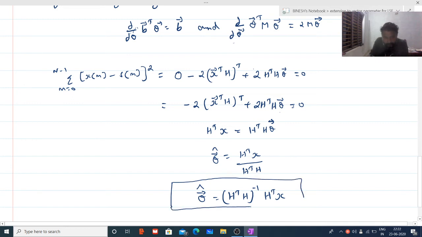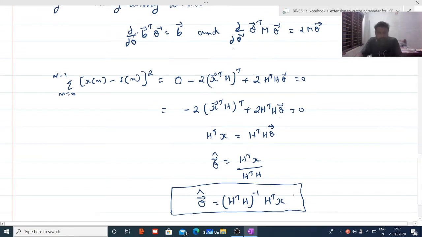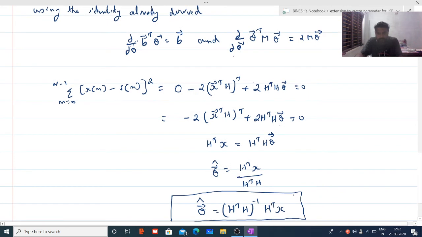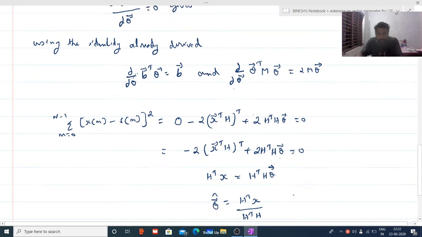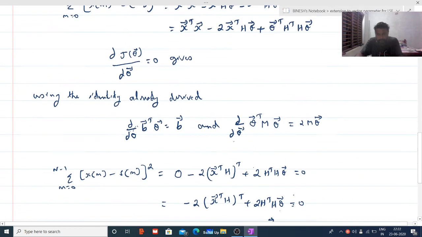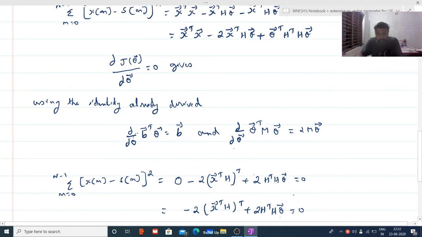Clear? I will just see whether any mistake is there or not. 2H, the first term will be 0, the second one will be 2 X as theta. I'm confused whether any mistake is there.